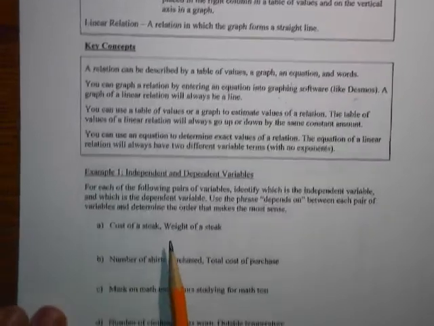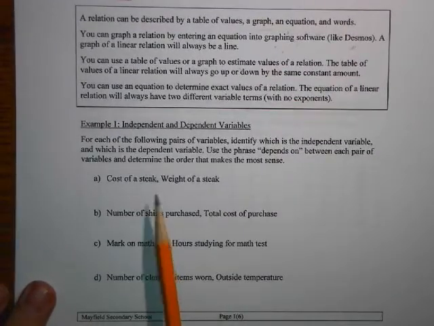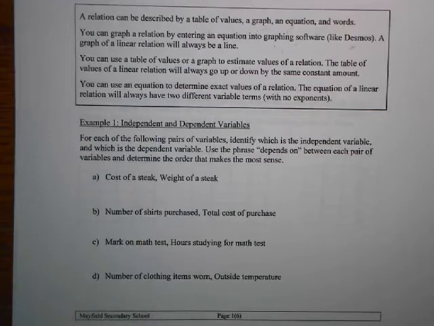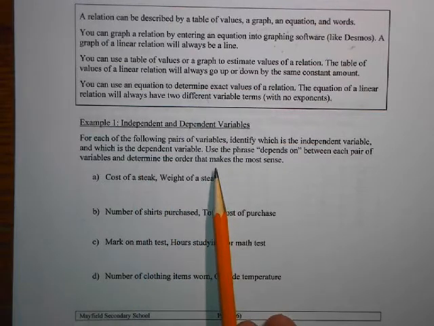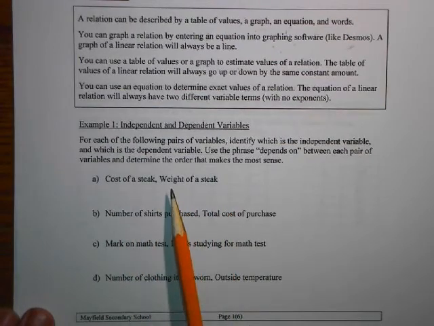Now, so let's start off with a little exercise. I'm going to give you two types of variables, meaning I'm going to describe 2 things that are changing but are related to each other in some way. Not necessarily linear, but possibly. So for each of the following pairs of variables, identify which is the independent variable and which is the dependent variable.